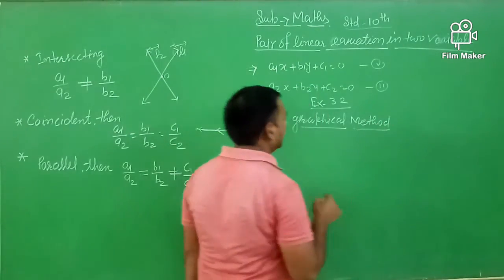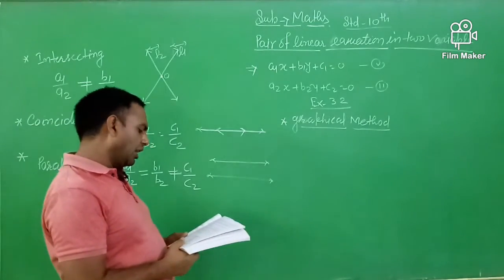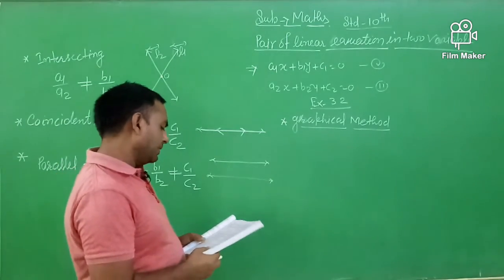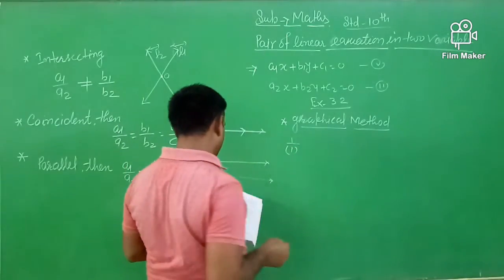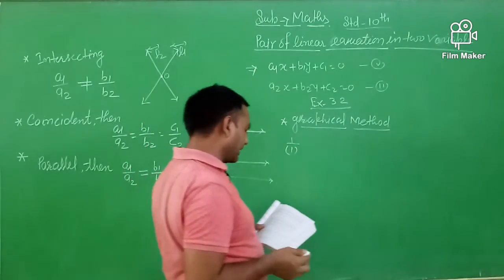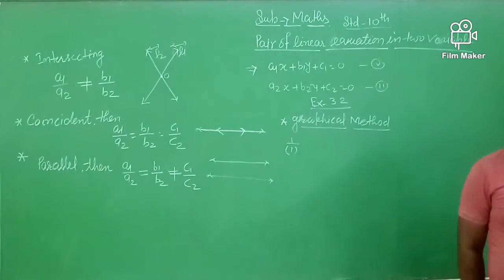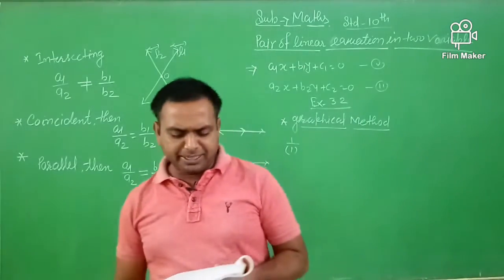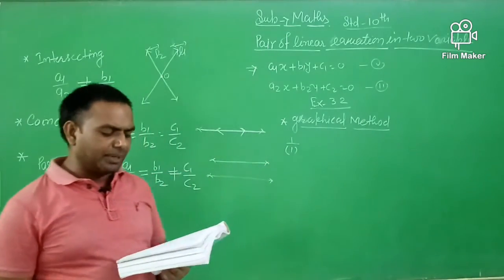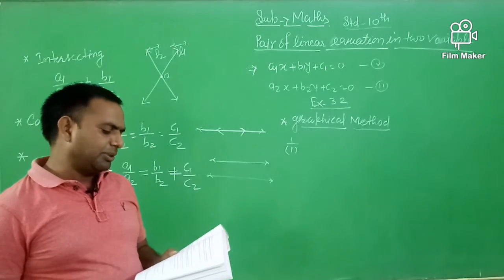In the case of the graphical method, suppose you have equations, then how can you find the solution? The first problem: 10 students of class 10th took part in a mathematics quiz. The number of girls is 4 more than the number of boys. Find the number of boys and girls who took part in the quiz.